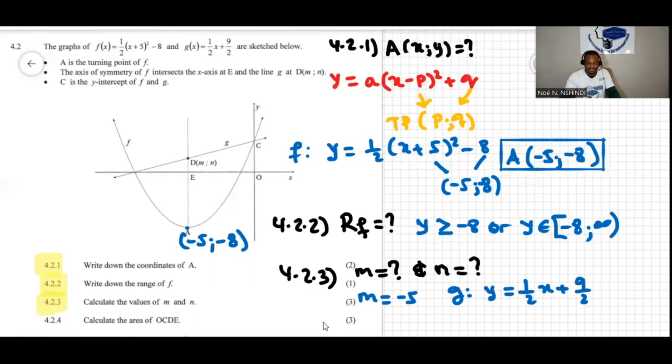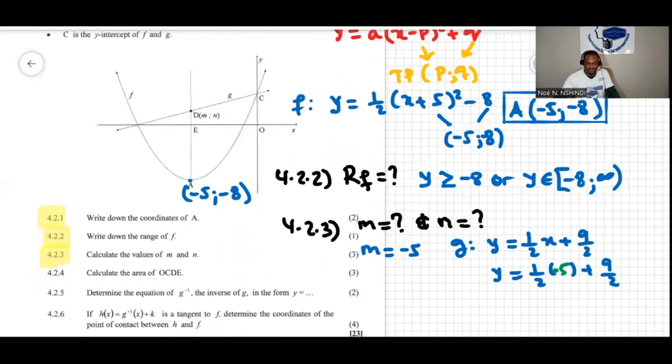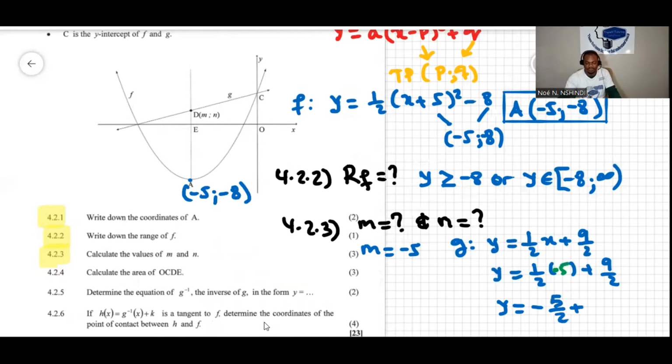So if we substitute the x coordinate, which is -5, we have -5/2 plus 9/2.